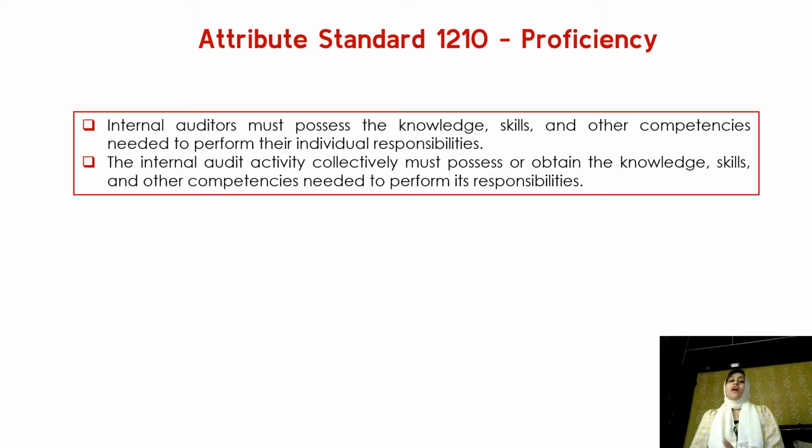For example, one auditor has good report writing skill but may not be that proficient in data analytics skill. On the other hand, another auditor is good at data analytics skill but not good at report writing skill. But it is not a problem for the internal audit department as long as these cumulative skills are present within the internal audit function.